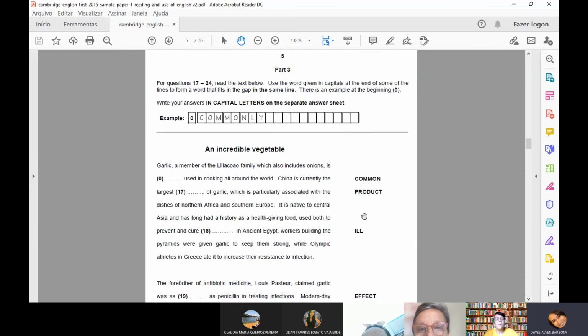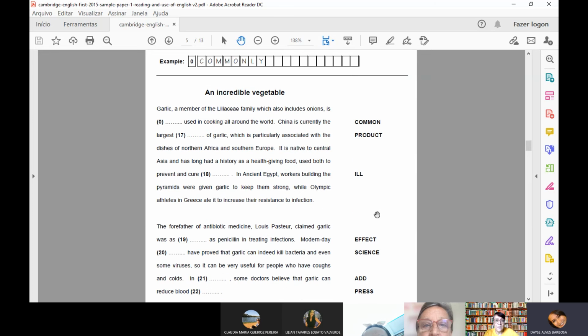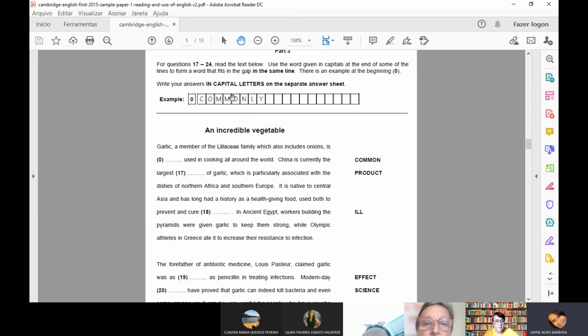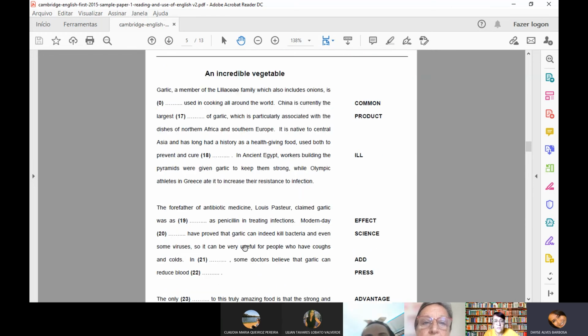Part 3, this is what we call word transformation, okay, where you have a word, a root word usually, put here. Once again, they have a sample here. What I usually ask, as I said before, is to read it all over from beginning to end, so you have an idea, so that you can identify if you need a noun, a verb, an adjective, an adverb, so that you can transform the word appropriately.